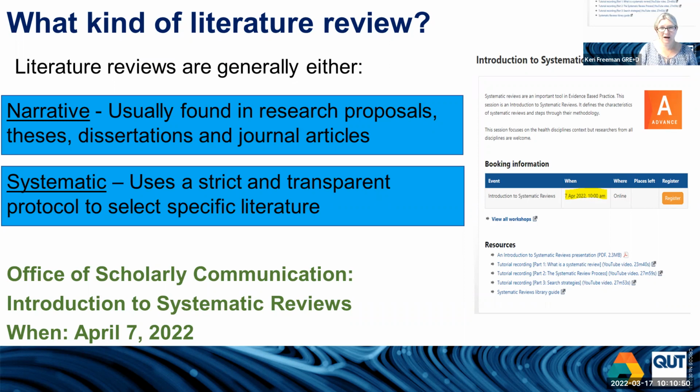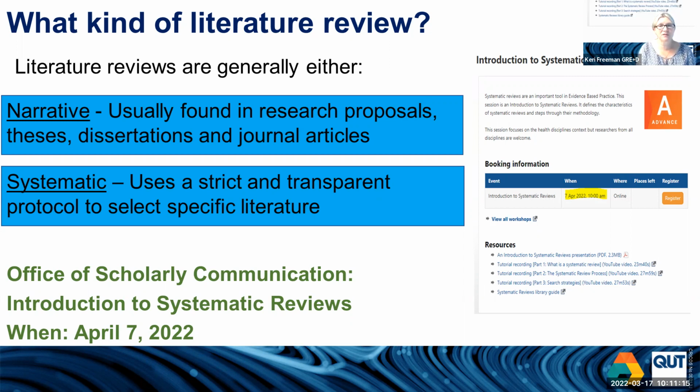So have a think about what kind of literature review you're potentially going to write. They're usually narrative or systematic. Sometimes supervisors ask HDRs to do a systematic lit review to begin with. They are very strict, with a protocol put into place as to exactly what the keywords are going to be, how many papers you're going to pull out and review, and it's around a specific field of literature.